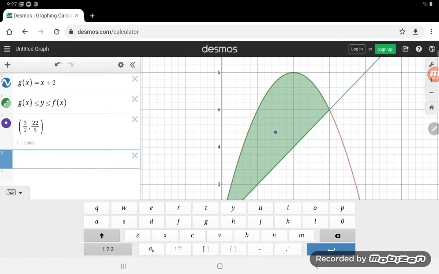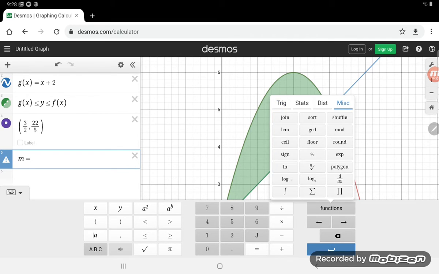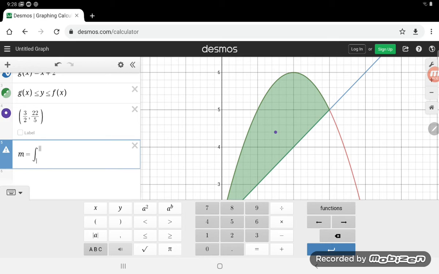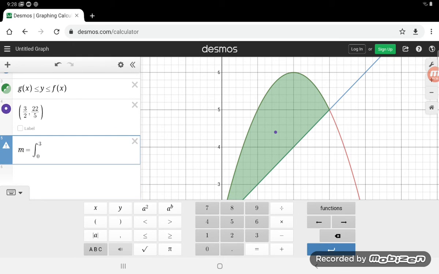We can say that m equals our integral from 0 to 3. Try that again. Go up there. 0 to 3. What we needed to do was take our f minus g.